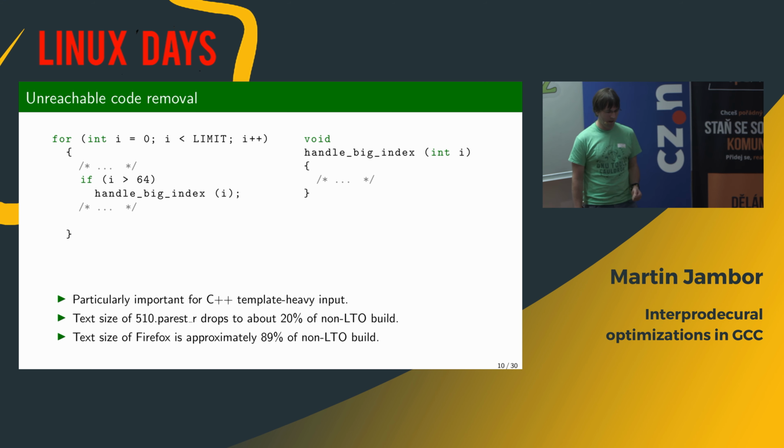So in SPEC 2017 Parest, which is a C++, I believe, integer benchmark, I'm not sure whether it's integer or floating point, the size of the resultant binary or the text section drops to 20% of the original, and it's mostly because of removal of things that are not necessary in the benchmark.